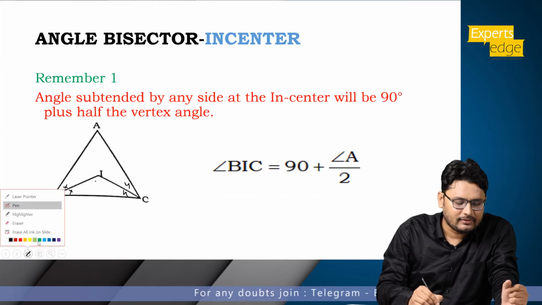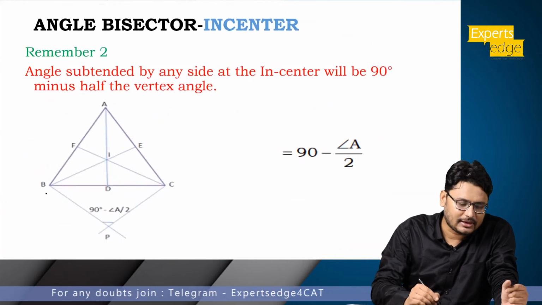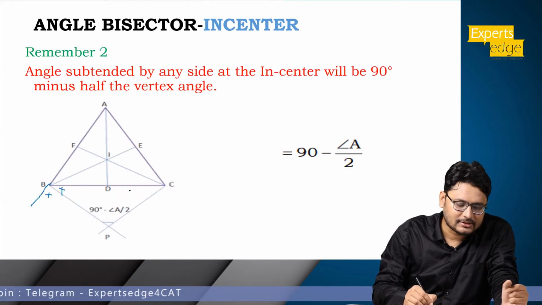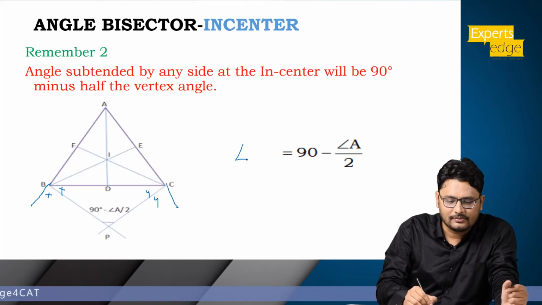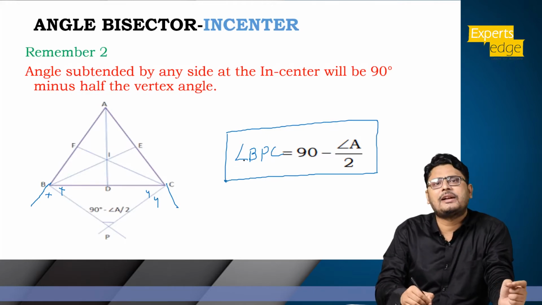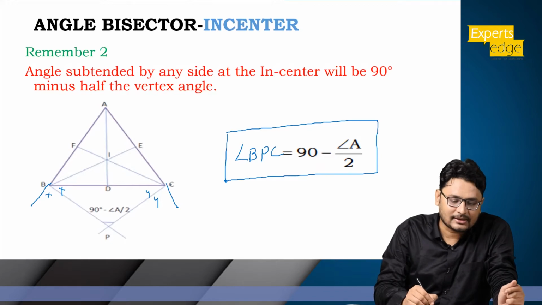If the angle bisector is the external angle bisector like this, if this is X and X, this is Y and Y, in that case my angle BPC is given as 90 minus angle A by 2. So please remember, if the angle bisectors are internal, then the meeting point angle is 90 plus A by 2, and if it's external angle bisectors, then it is 90 minus A by 2.